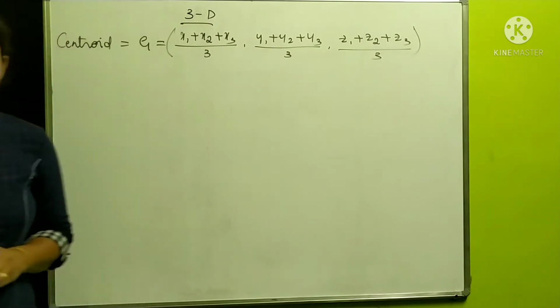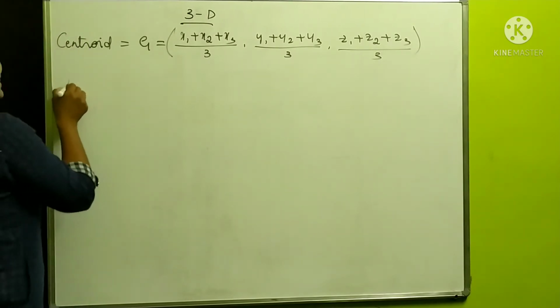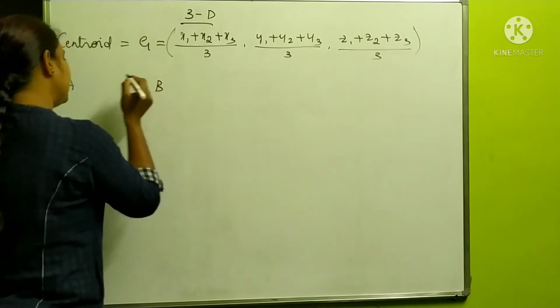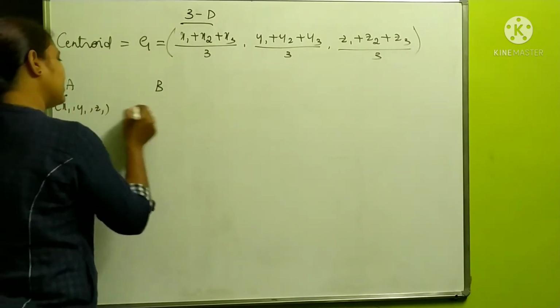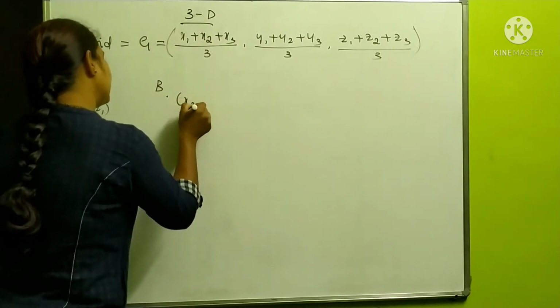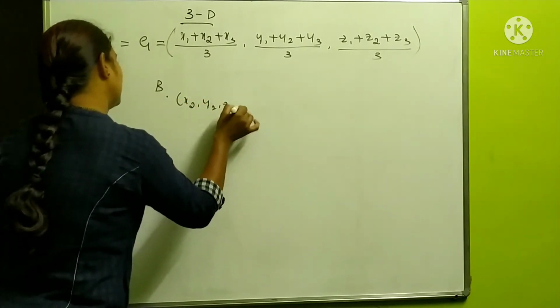Now some divisions I want to say. Let A be the point (x1, y1, z1) and B be the point (x2, y2, z2).